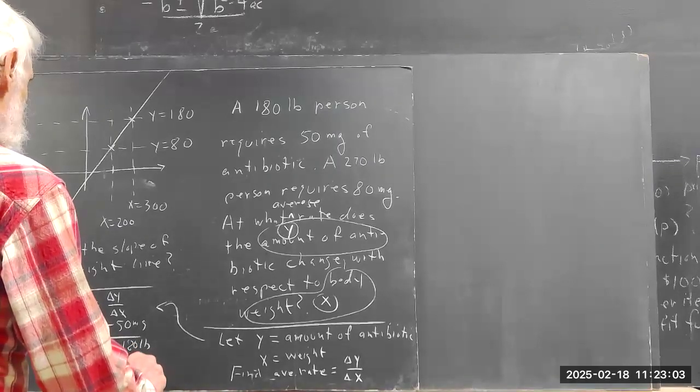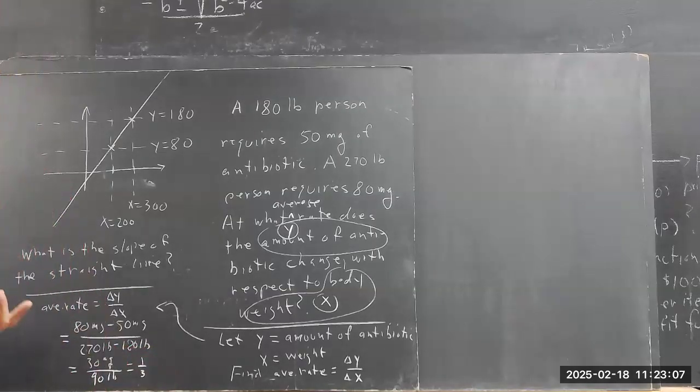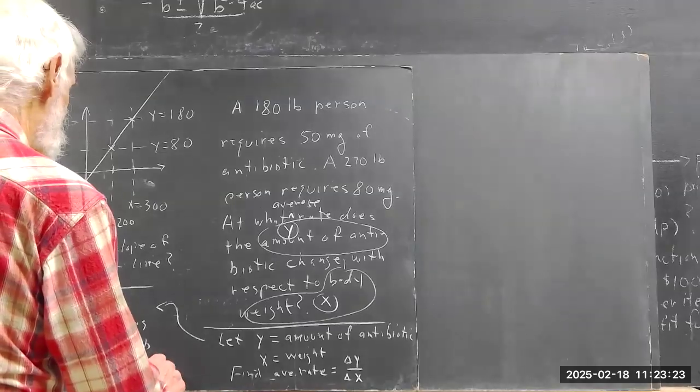Now 30 over 90, everybody, almost everybody got 1/3 done. Okay, so you have 1/3.